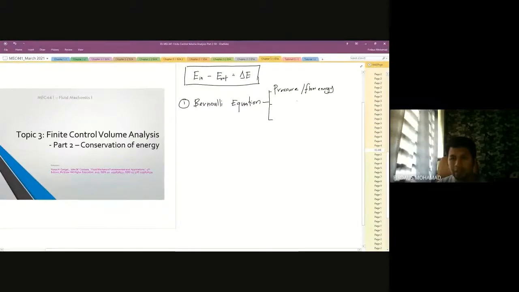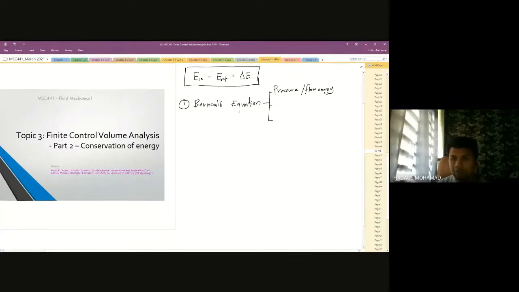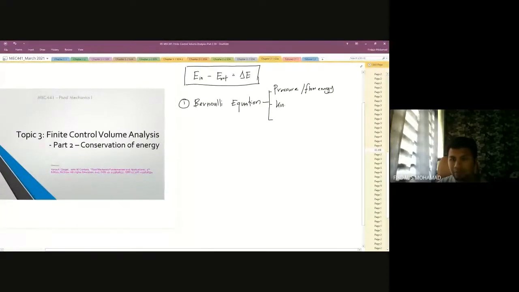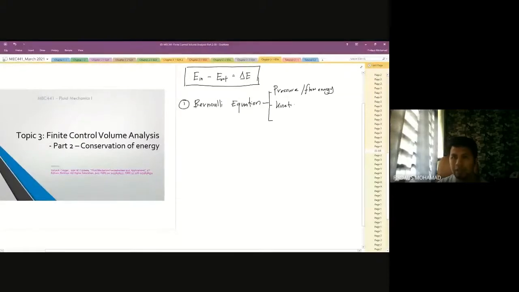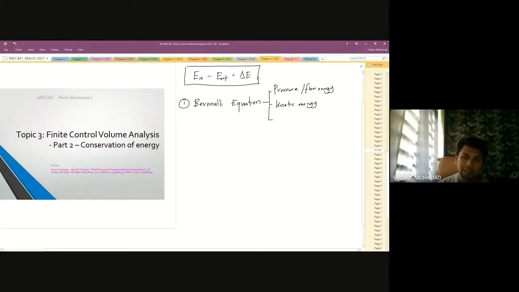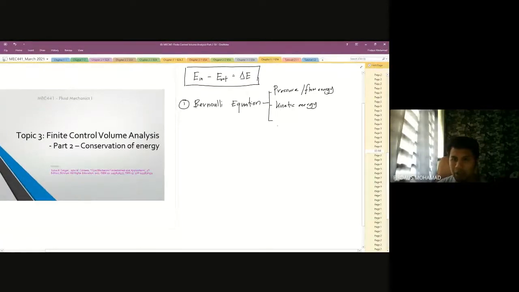And then due to the velocity, which is kinetic. And then due to the gravity and also the elevation, which is known as potential.